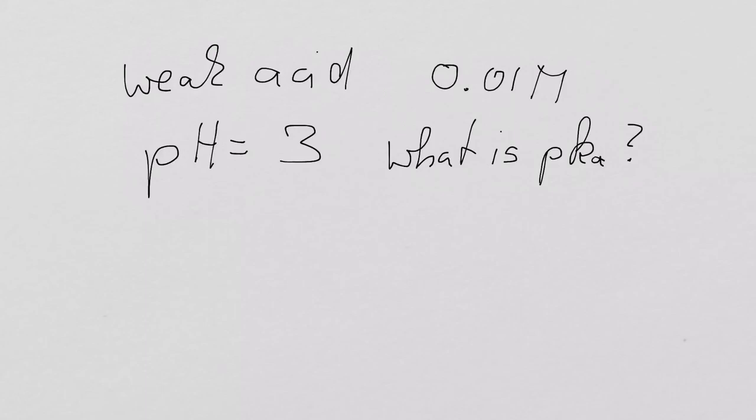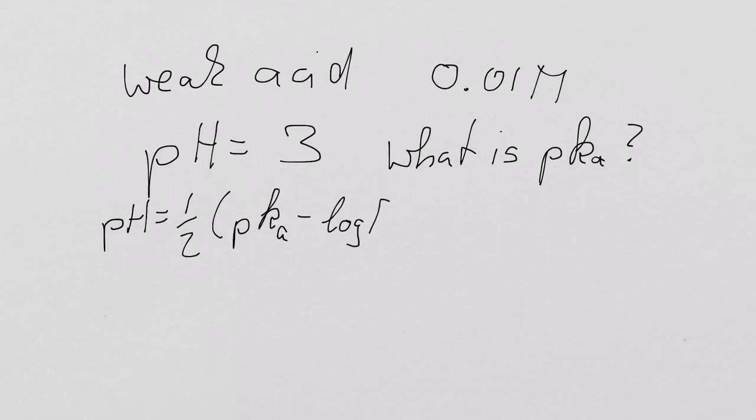How can we address that? We'll just rearrange our equation for the weak acid because we know it's a weak acid. pH equals half of pKa minus log of the acid.